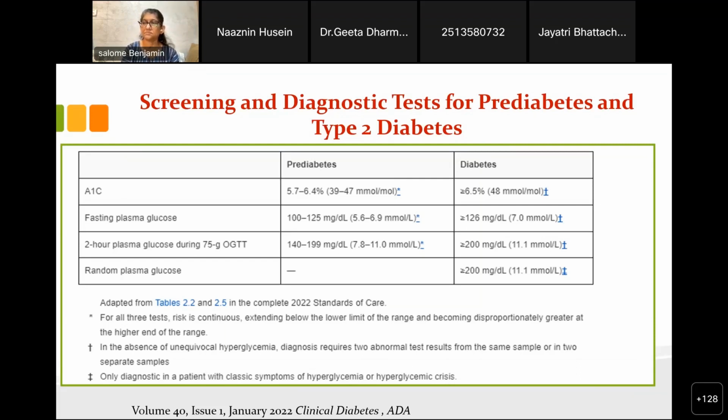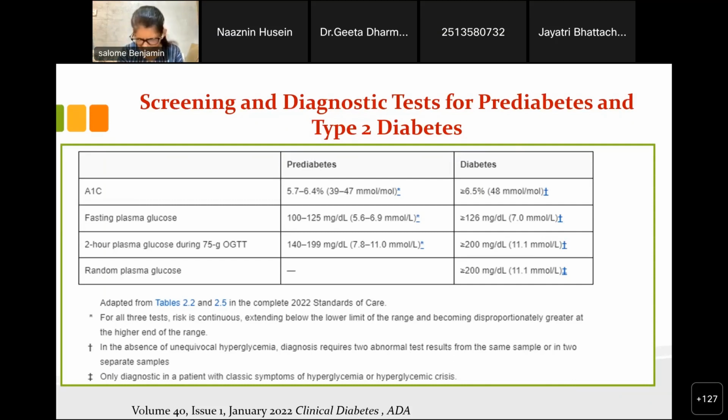So as you can see on the screen, the HbA1c in pre-diabetics is 5.7 to 6.4 and diabetes is 6.5 and above. Fasting is 100 to 125 and in diabetes above 126 milligram per dL. Postprandial is 140 to 199 and more than 200. Random blood glucose is more than 200. So now you're able to understand that these are the cutoffs for pre-diabetes: fasting, A1C, PP.